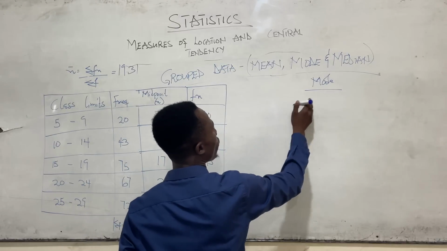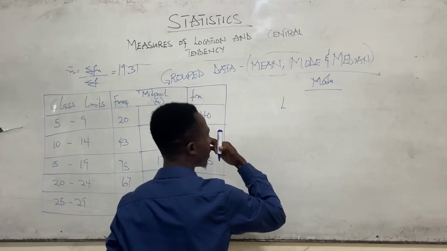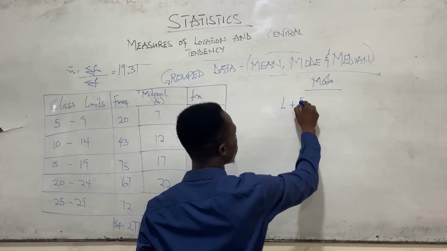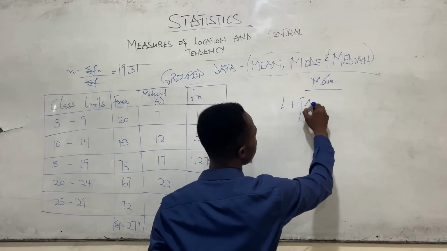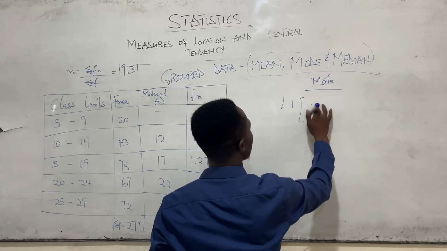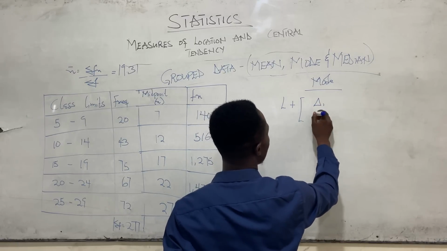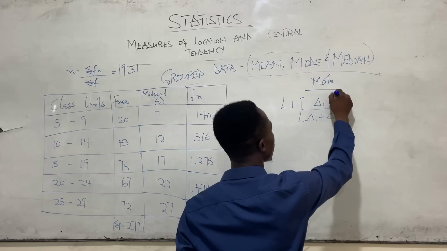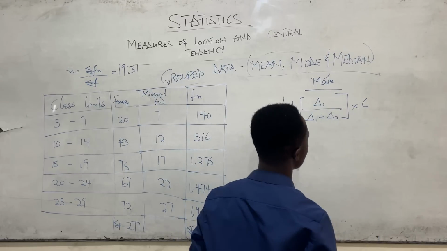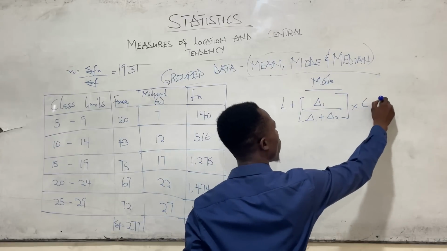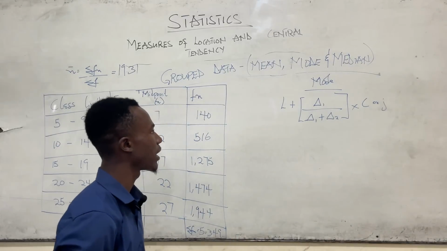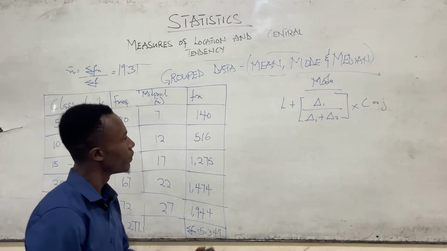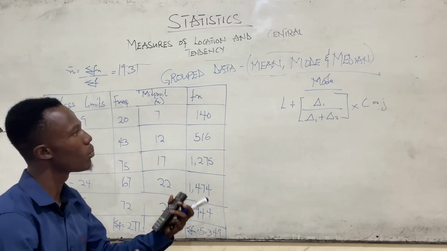To calculate the mode, your lower class boundary of the modal class plus change 1 over change 1 plus change 2, multiplying C, which is the class interval. So change 1 here over change 1 plus change 2. This L is the lower class boundary of the modal class.